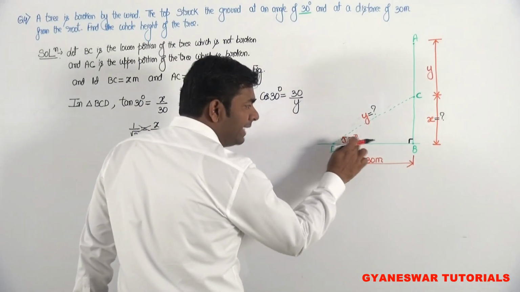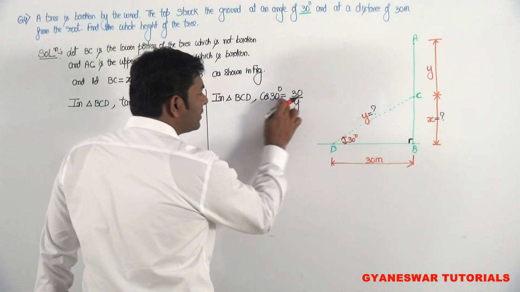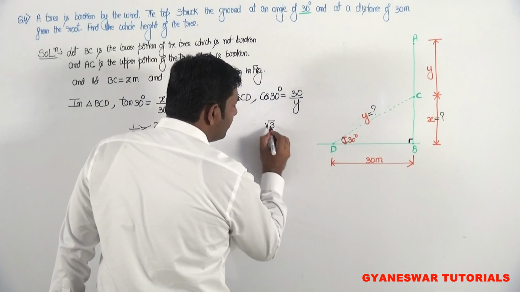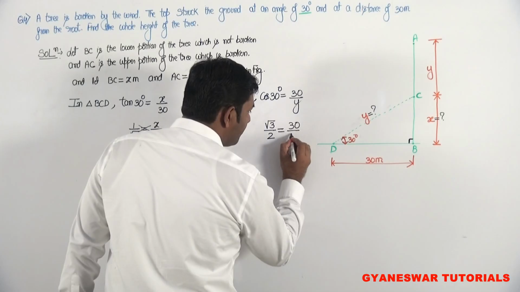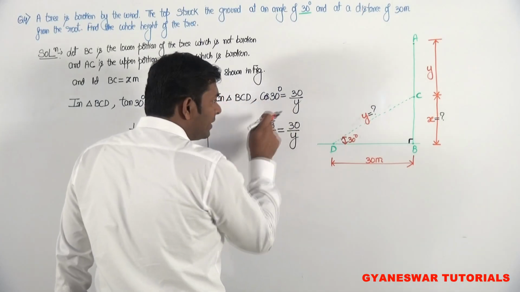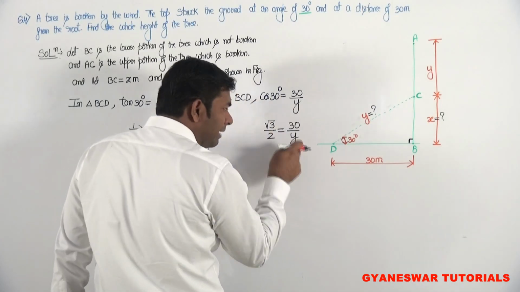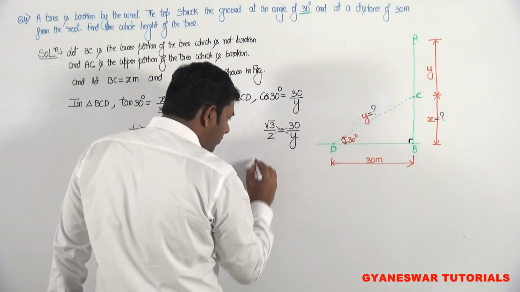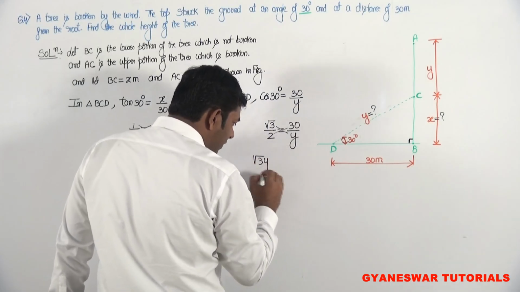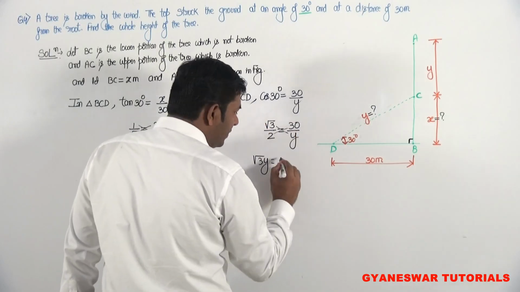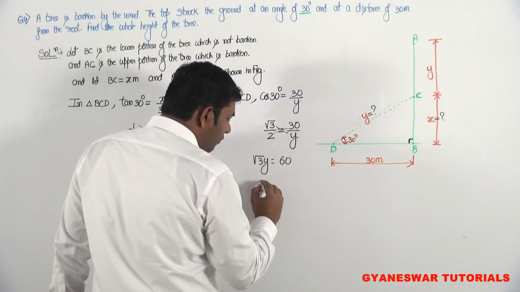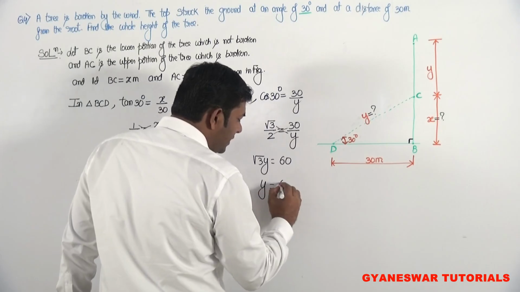Cos 30 has the value root 3 by 2, which is equal to 30 by y. Cross multiplication: root 3 y is equal to 2 into 30, which is 60. So y is equal to 60 by root 3.